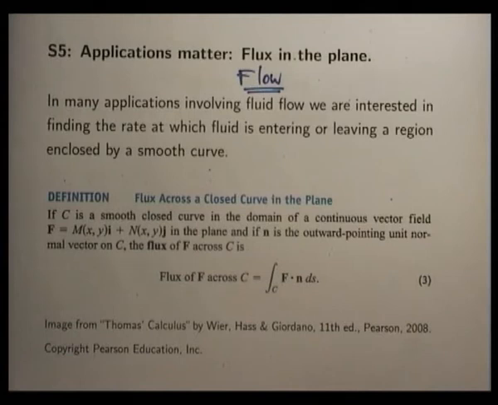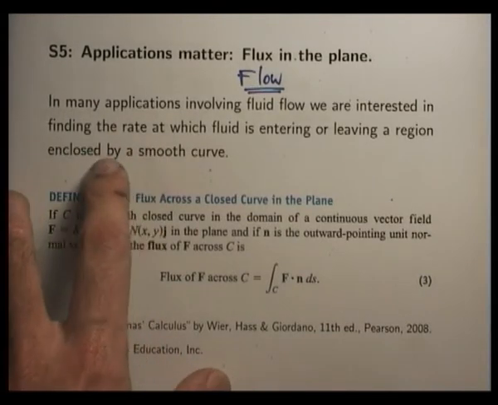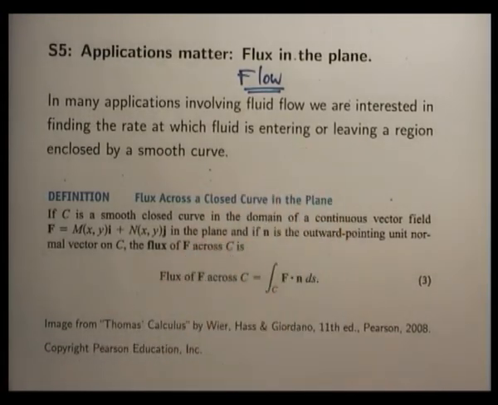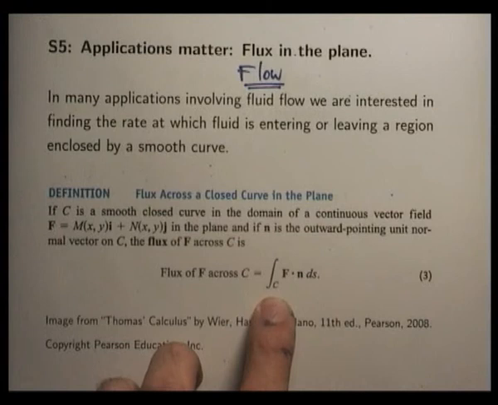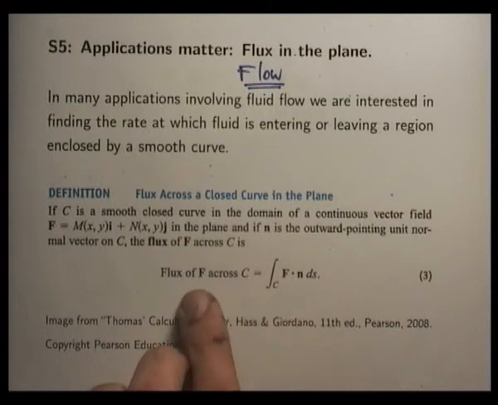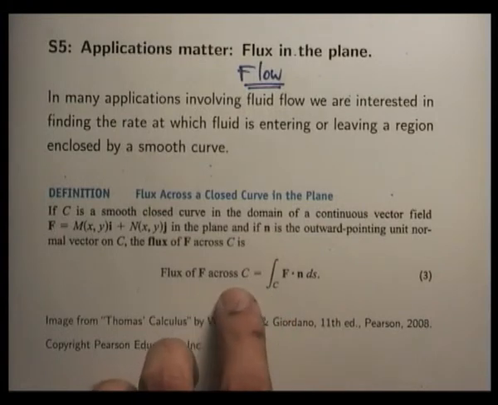If we're investigating, for example, fluid flow, we would like to find the rate at which fluid is entering or leaving a region enclosed by, say, a smooth curve. Here, I have defined the flux of a vector field across a closed curve.